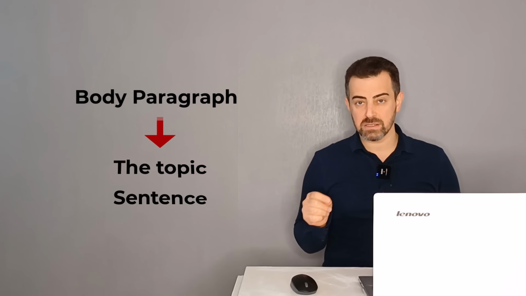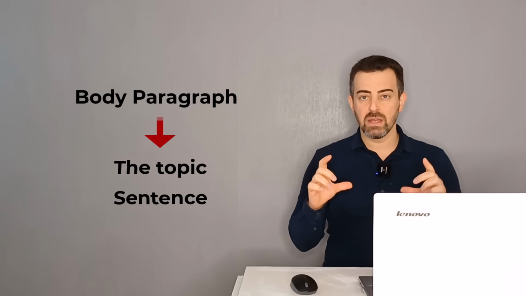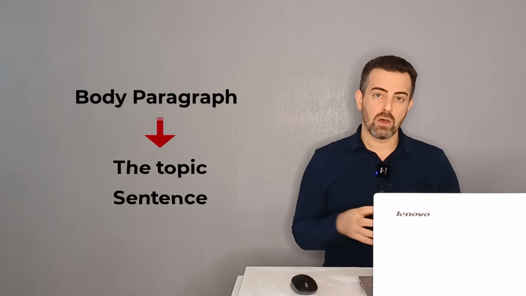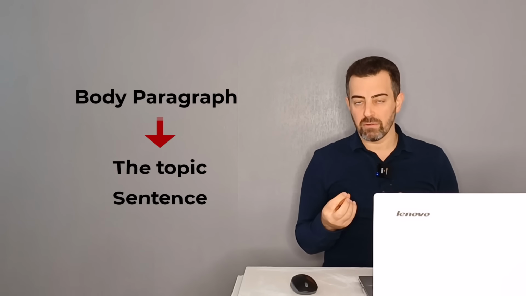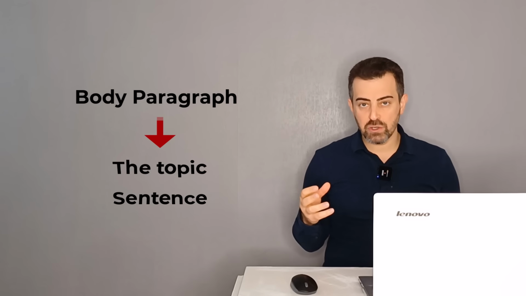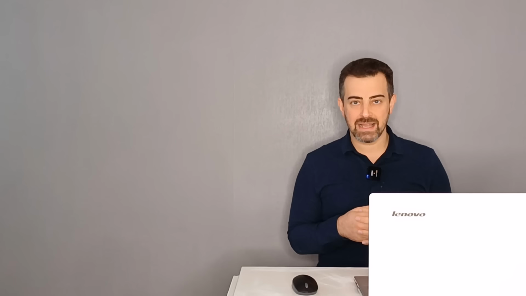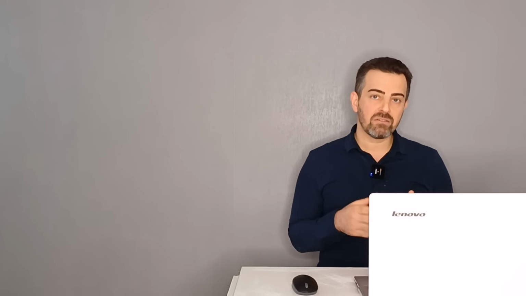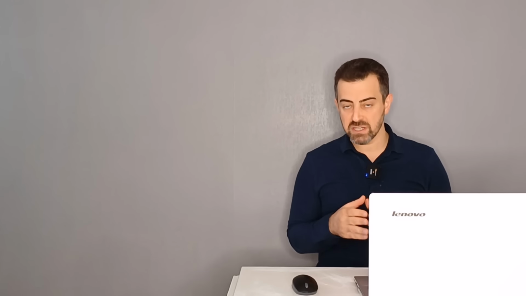Now let's start with the topic sentence in the first body paragraph. The topic sentence introduces the main focus or the gist of the paragraph. Everything that is going to be stated in the paragraph is going to revolve around this topic sentence. Right now, I'm feeling more comfortable putting it at the beginning of my paragraph. But a paragraph doesn't necessarily begin with the topic sentence.